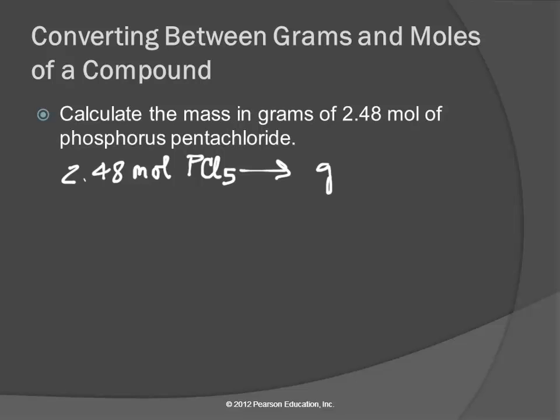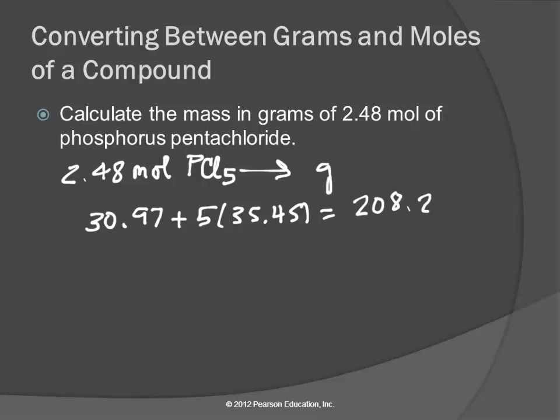There's one phosphorus. Phosphorus is 30.97. And there's 5 chlorines, and chlorine is 35.45. And so we get 208.22 grams equals 1 mole.